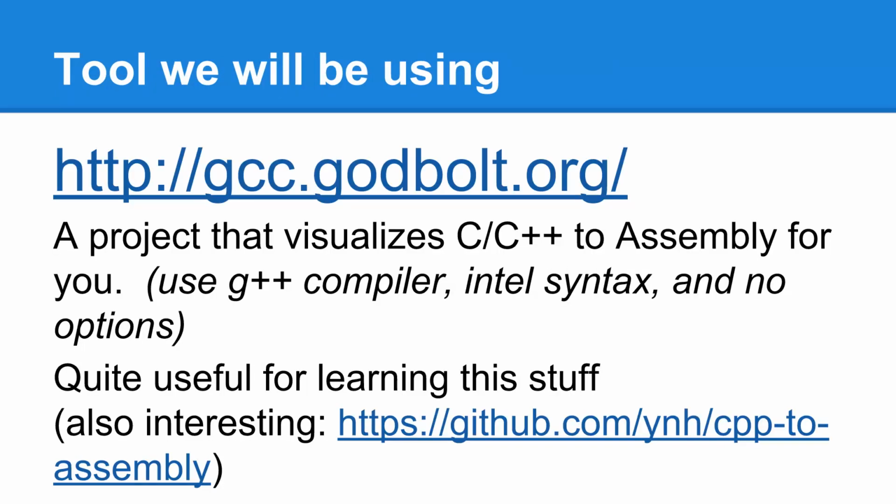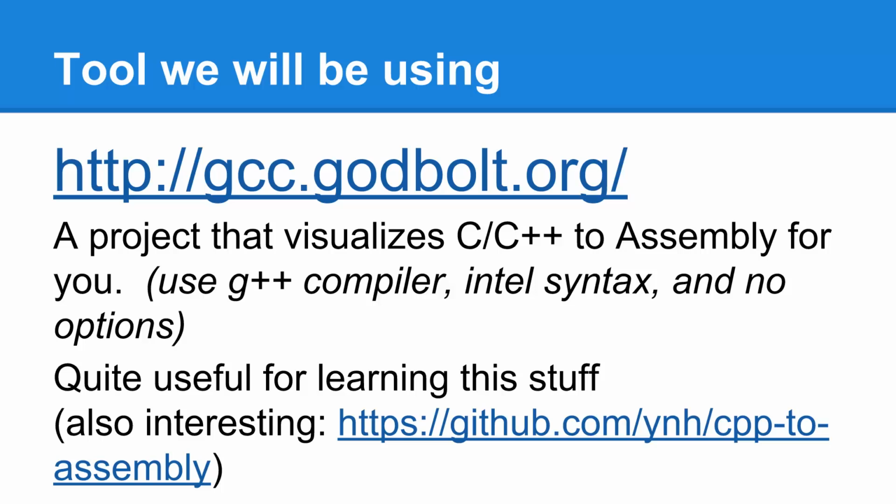A tool we'll be using, which I want to give a lot of credit to, is hosted at gcc.godbolt.org. It's a visual C and C++ compiler: on the left side of the screen you can type any C code that you want and it will compile it in real time on the right, showing you the assembly instructions. It works for PowerPC, ARM, and x86.